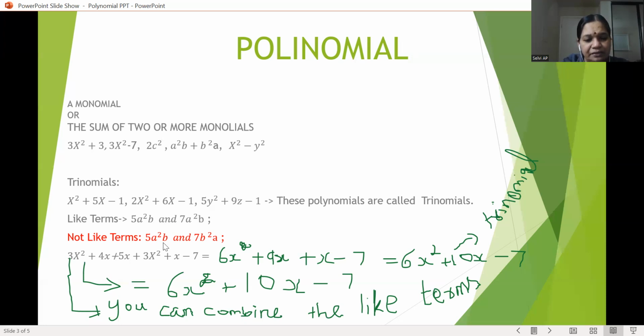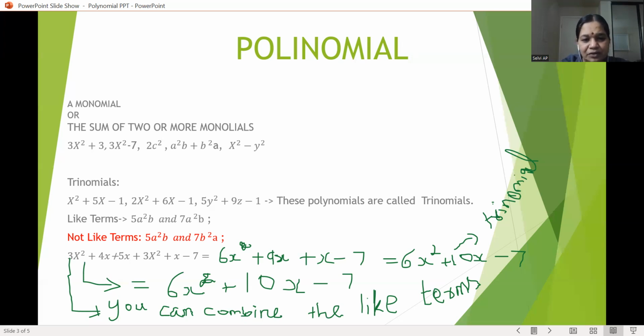Next, not like terms: 5a square b and 7b square a. The exponent values of both terms are the same, so leave that. The first variable of the first term is a square. The first variable of the second term is b square.